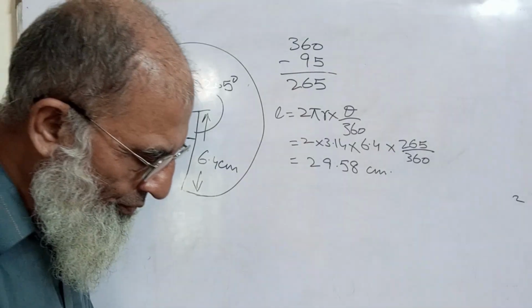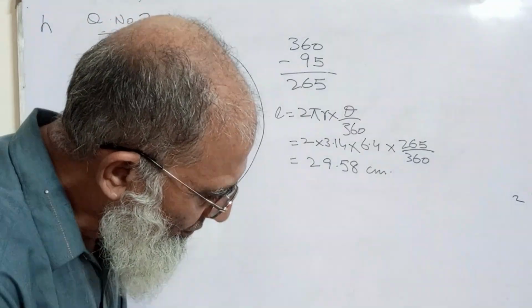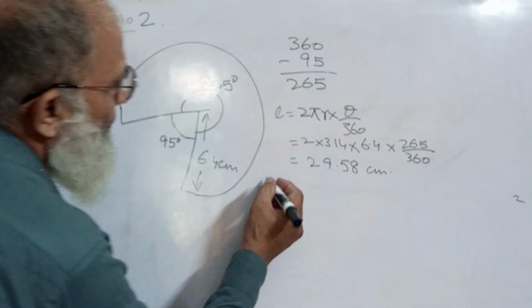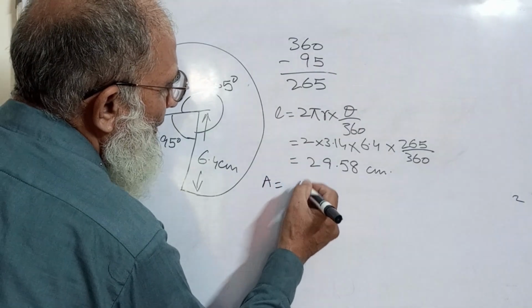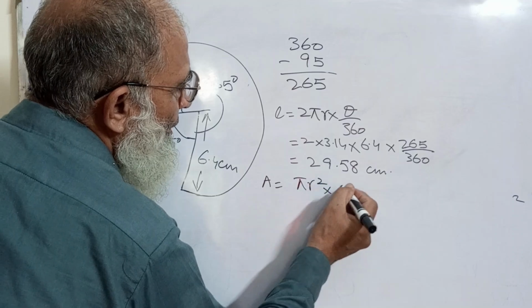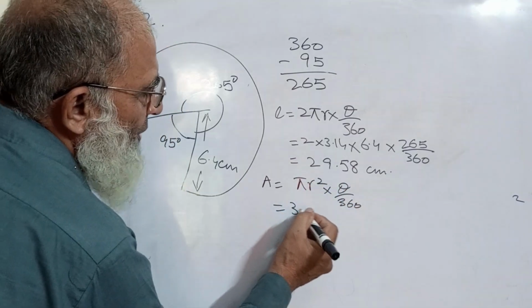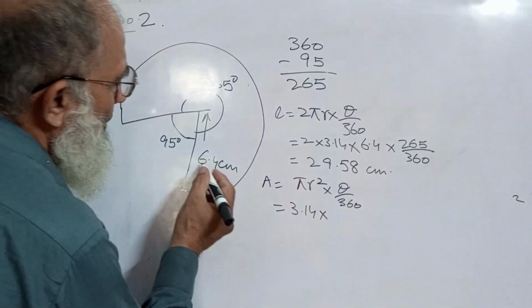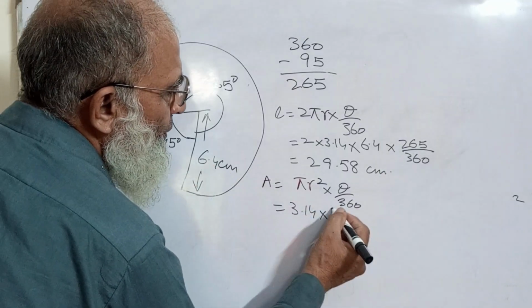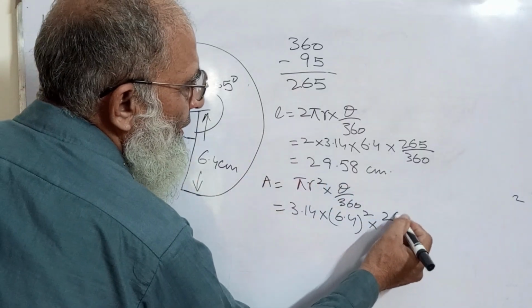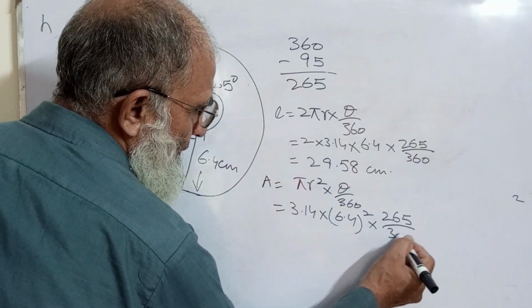Now the area is equal to pi r square into theta upon 360. That is equal to 3.14 multiplied by 6.4 the whole square and 265 divided by 360.